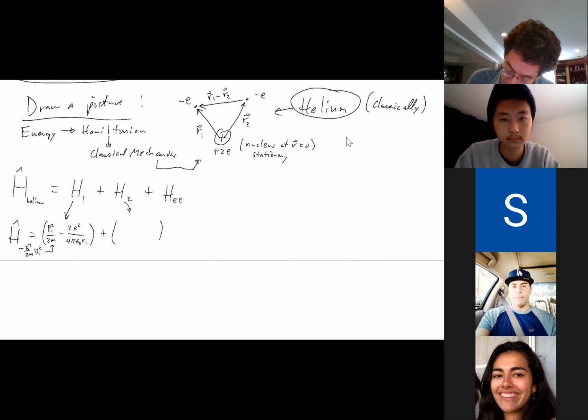And so that's going to be P2 squared over 2m minus 2e squared over 4 pi epsilon naught r2. And this term is going to be negative h bar squared over 2m del 2 squared. Okay. Now let's do the last term.